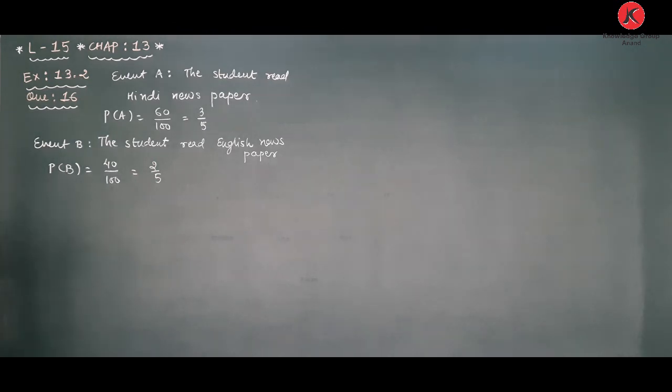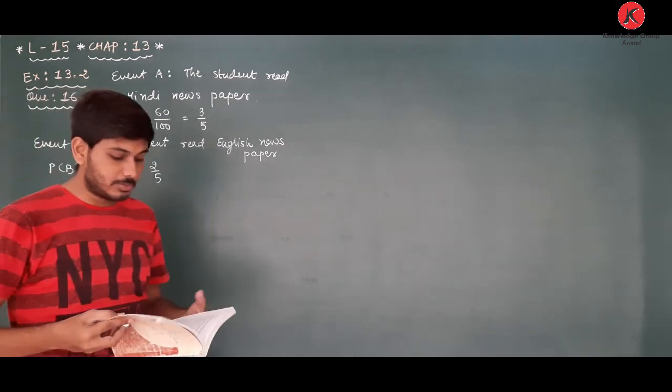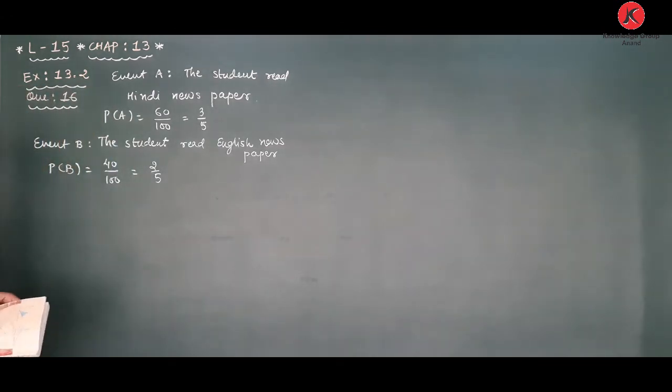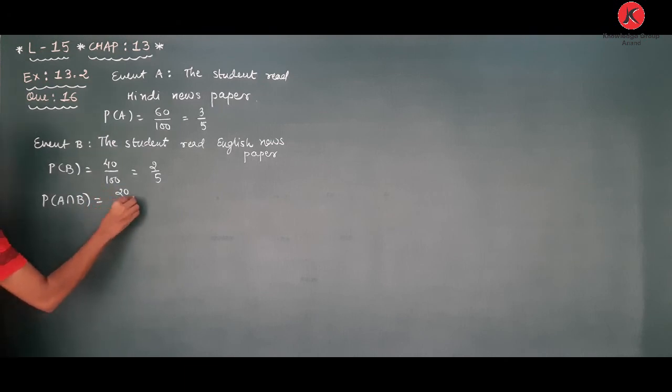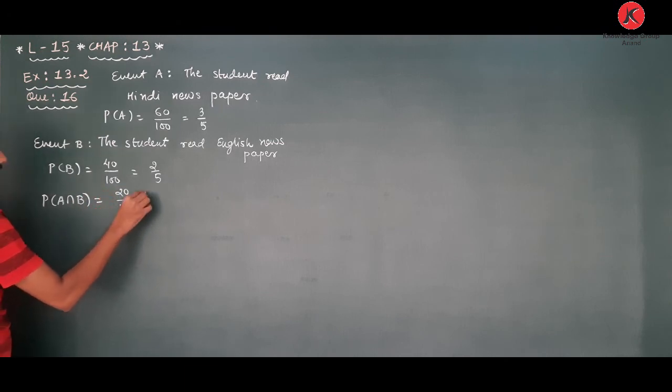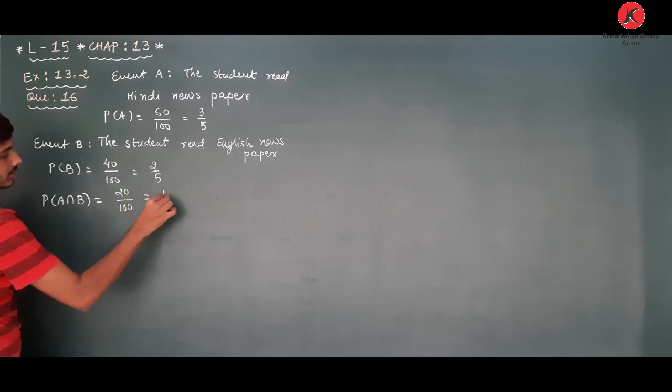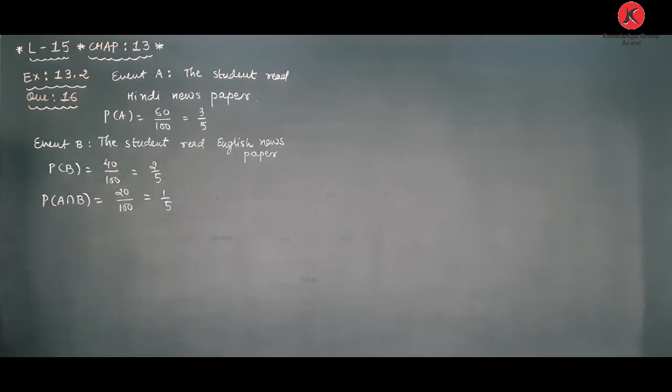Next, the probability of both: 20% read Hindi and English, means the probability of the intersection of events A and B is given as 20%, which is 20 by 100, 2 by 10, the answer is 1 by 5.